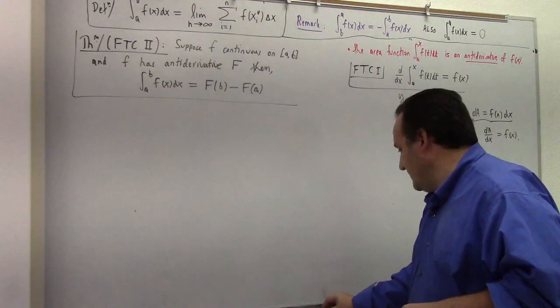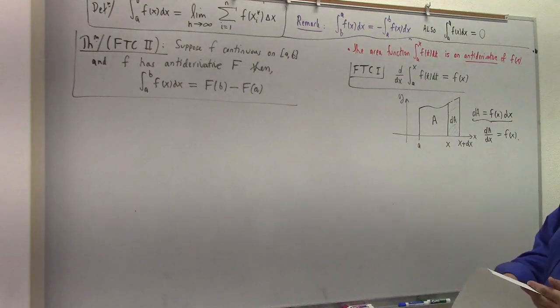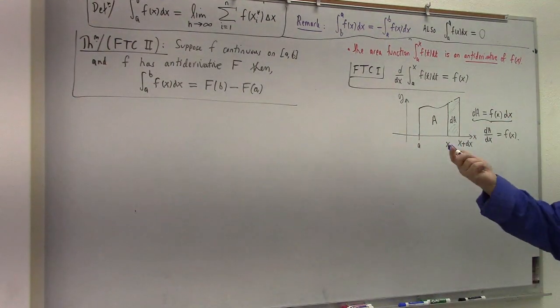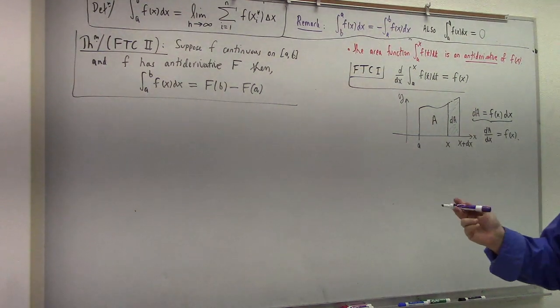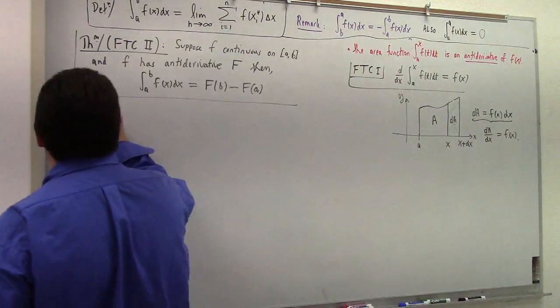FTC2, we need to prove this here, and then we'll get to examples pretty soon. So this does not take as long. If f is continuous on [a, b] and has antiderivative F, what do we know?